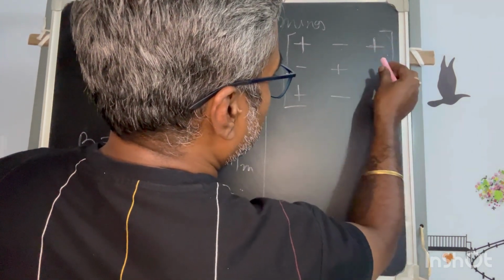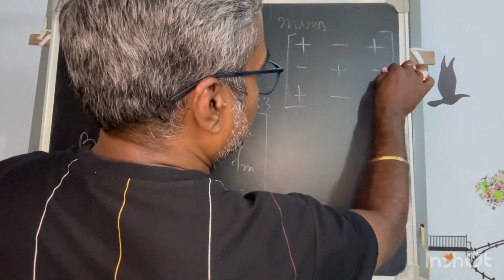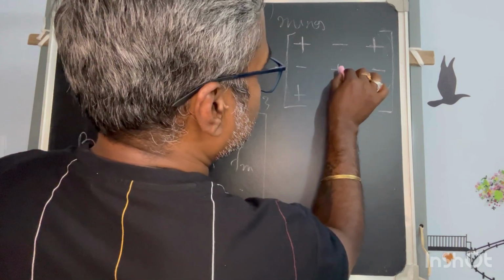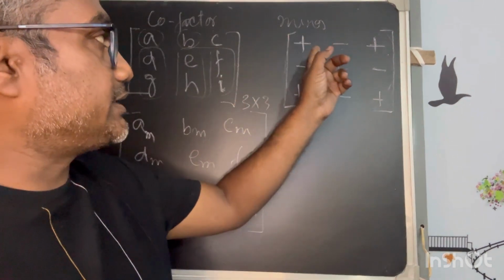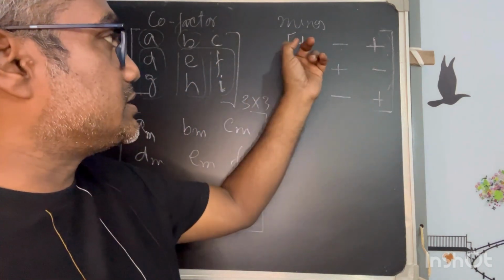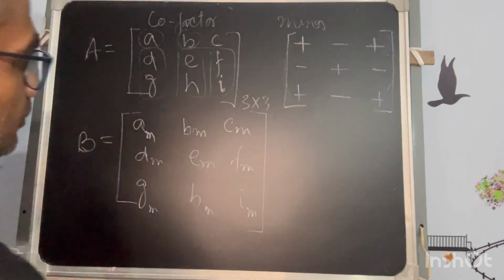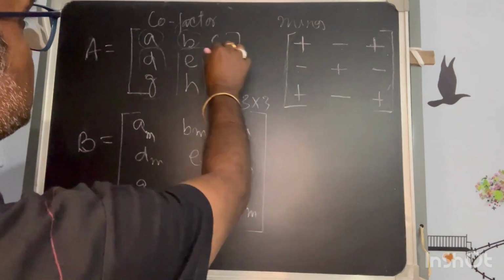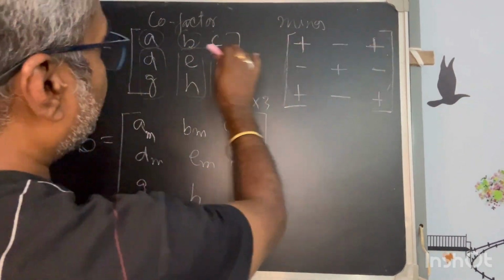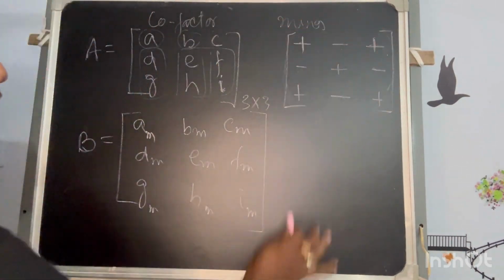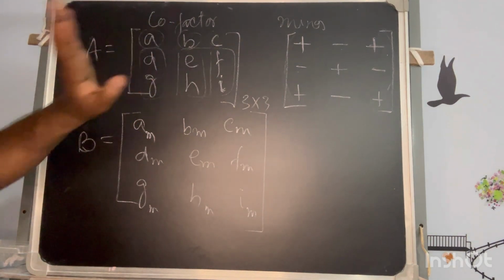Anyway, you can consider the sign will become the same if we consider from this side too. In any direction you can calculate, except the diagonal. So we have to consider the horizontal and vertical directions. So that is the rule. So this is the sign matrix, the signs of the elements represented in matrix form, and this is another matrix which consists of the minors of each element.